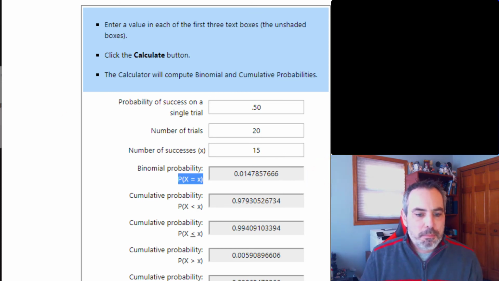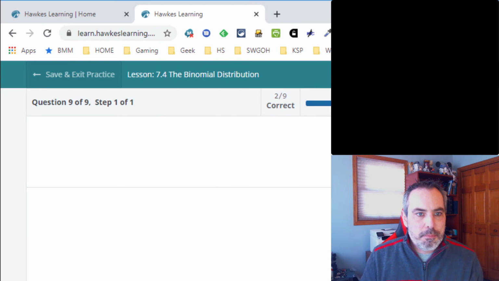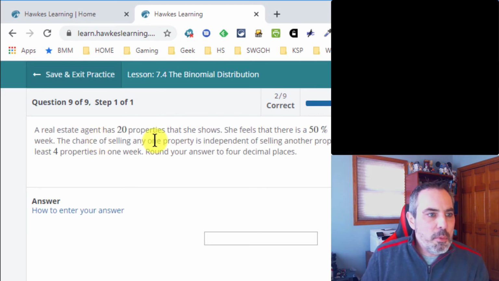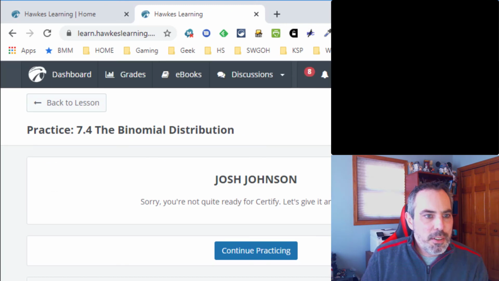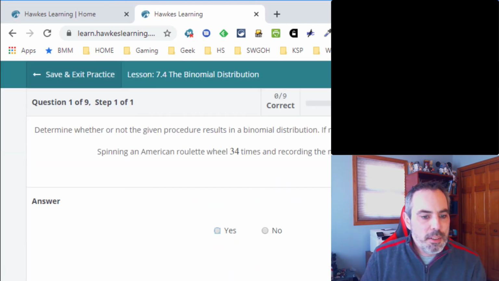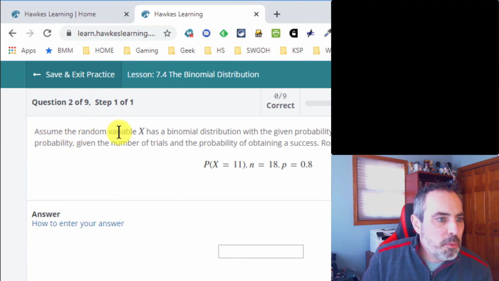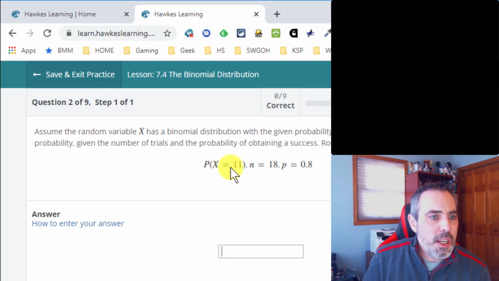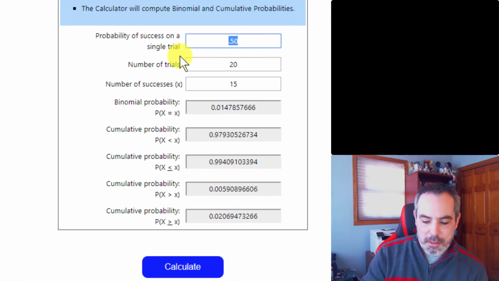Let's do another one. Same question, 50%. Let's do a different one that doesn't have 50%. Let's go back to the beginning of this. Here, assume the random variable x, so it could be anything. That's going to say that I want to know what's the probability that exactly 11 things happen out of 18 total things with a probability of 80%.